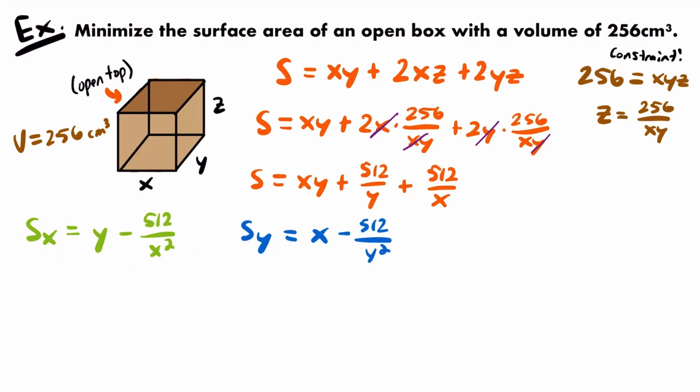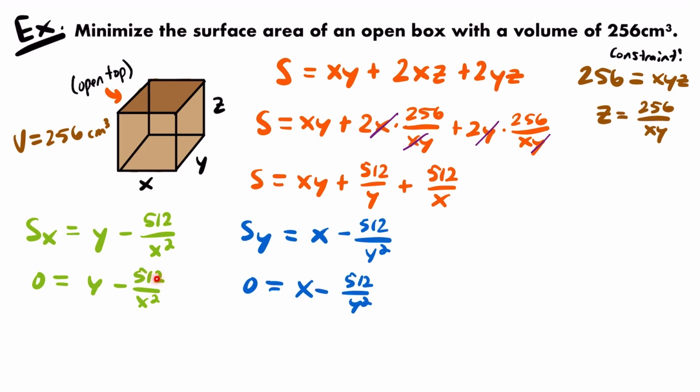Now let's set them equal to 0 and solve. So we'll have 0 is equal to y minus 512 divided by x squared, and 0 is equal to x minus 512 divided by y squared. And then what I'm going to do is solve for y in this equation and plug what it's equal to into y in this equation and solve for x.